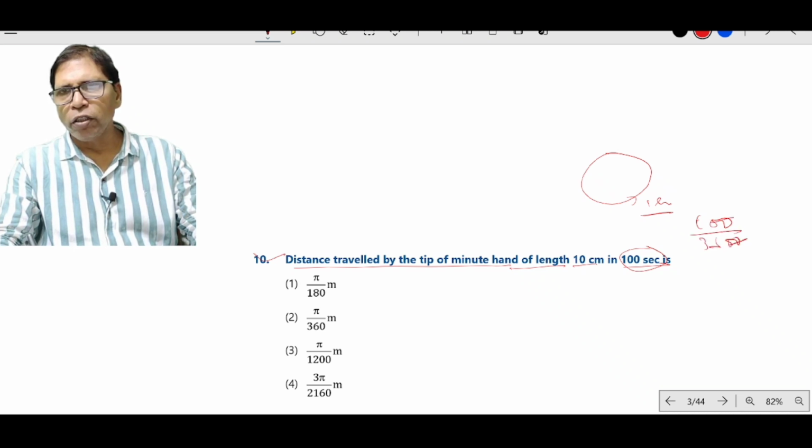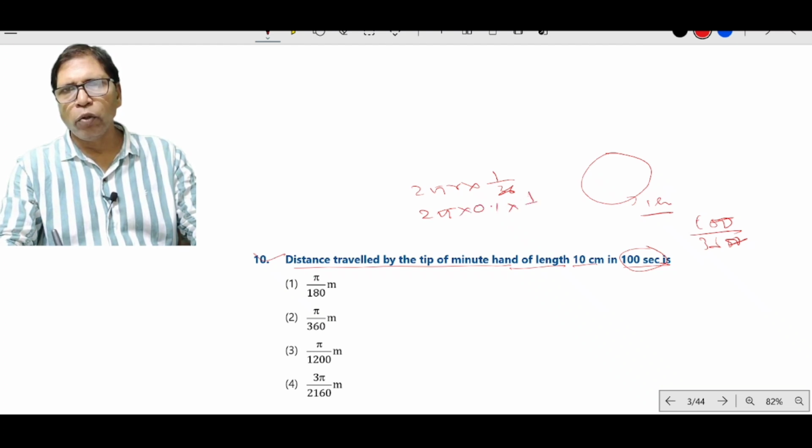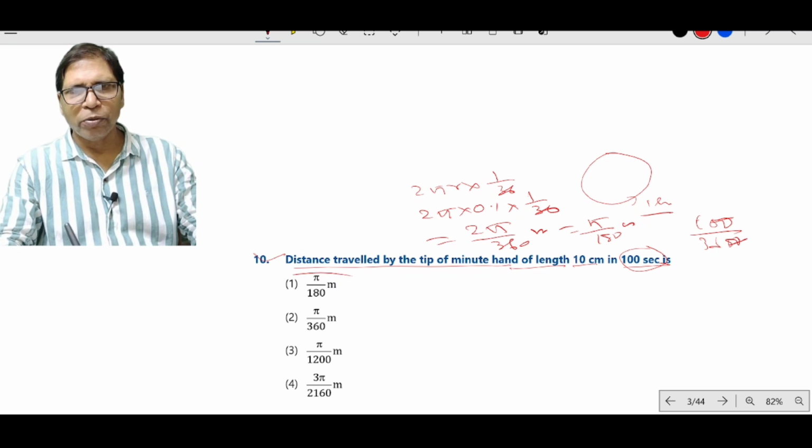Therefore, the distance traveled by its tip is 2 pi r into 1 by 36. So this is 2 pi, r is 0.1 meter, divided by 36. So this is 2 pi by 360 meter. So this is pi by 180 meter. Okay, option 1 is correct.